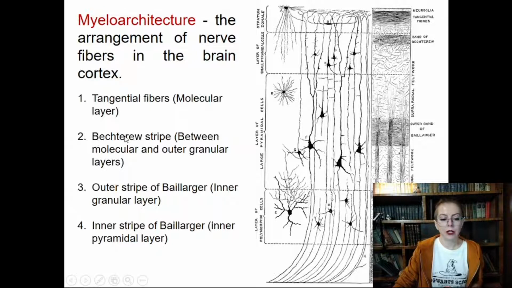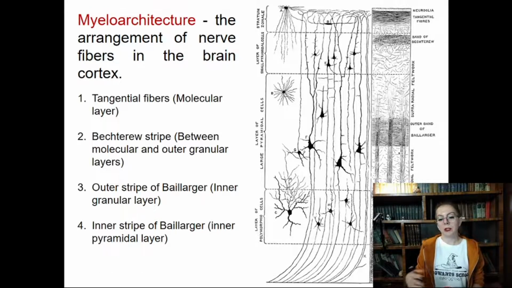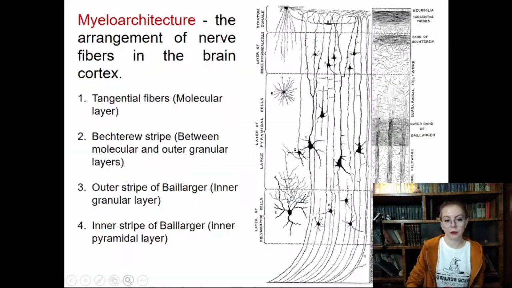One Baillarger stripe is between the molecular and outer granular layer here, and the two stripes of Baillarger correspond to the inner granular layer and inner pyramidal layer. So here they are. They could be found only if we stain specimens for myelinated nerve fibers. So in a conventional histological specimen like this, we cannot see those fibers.